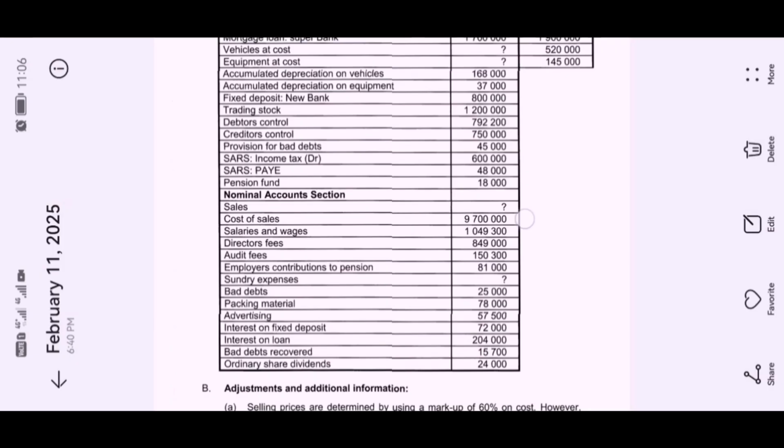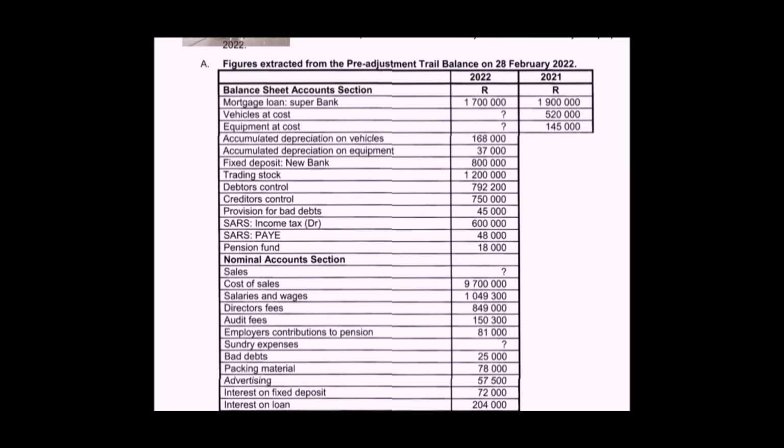So the cost price of the sold vehicle we found is 245,000. We have the total cost price of the vehicles, 520,000. So we have to subtract the cost price of the vehicle that was sold.